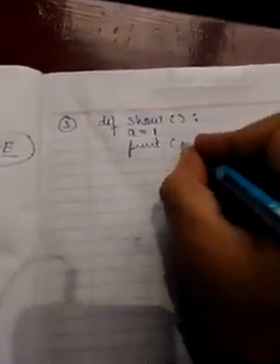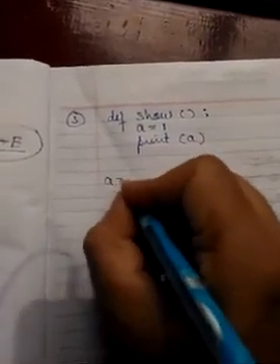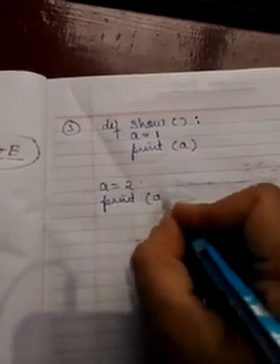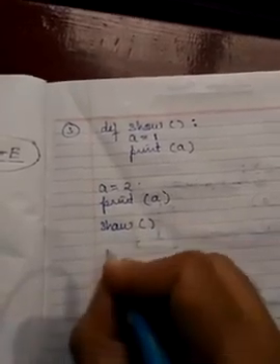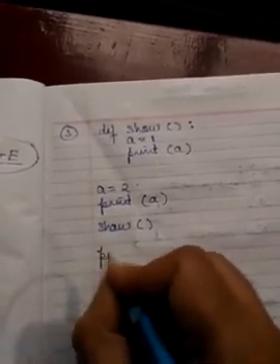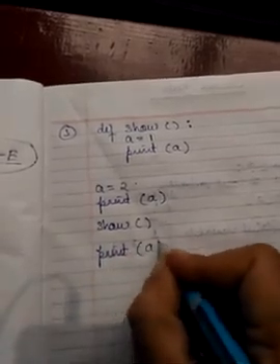For example, def show, A equal to 1, print A, A equal to 2, print A, and here I am calling the function show, and here again I am writing print A. Now what will be the output of that program?